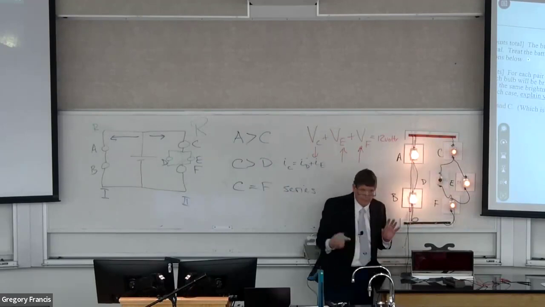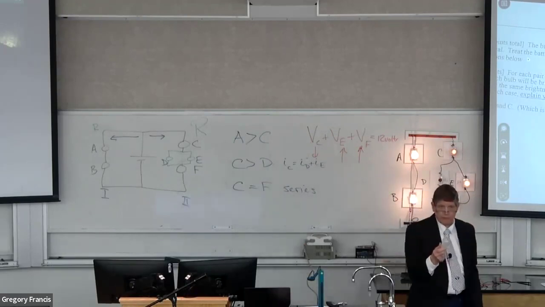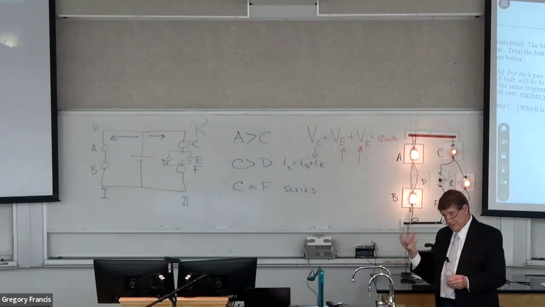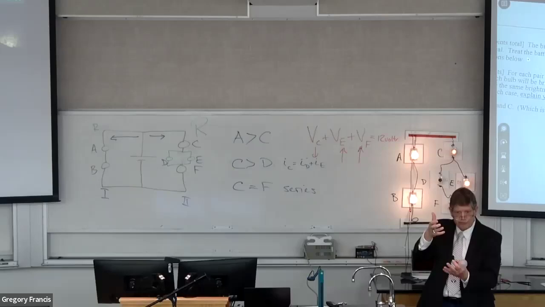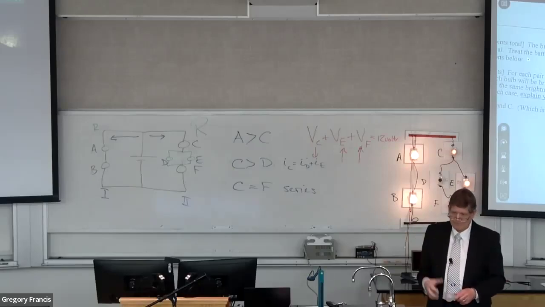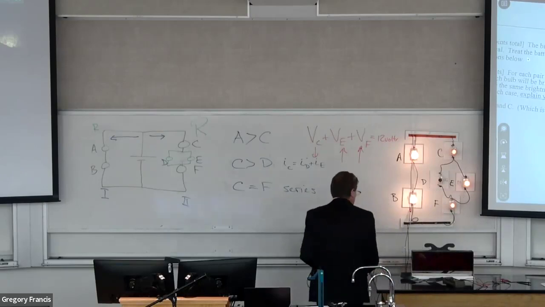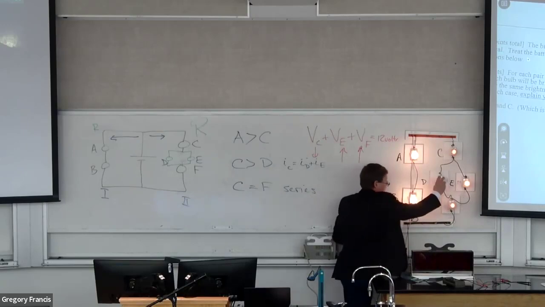C and F, I went to great pains to take all of the bulbs they had down in the demo room and see which two were the most identical. And so I have colored them on the back so that whenever I need two bulbs in series that look the same, I use those two. Here I ran out of bulbs that were identical. But good observation. If these were identical bulbs made in the same factory by the same worker, they'd all be identical, bright or dim.